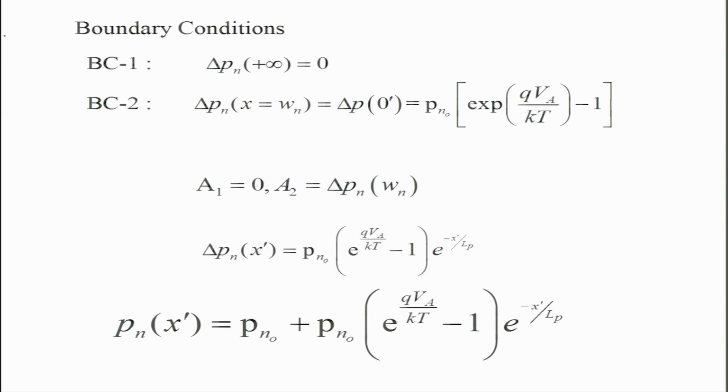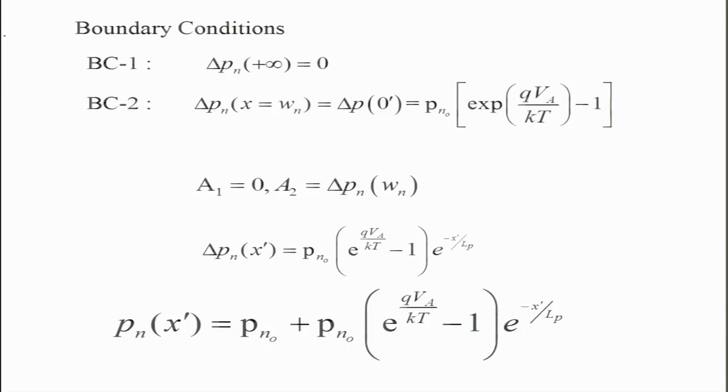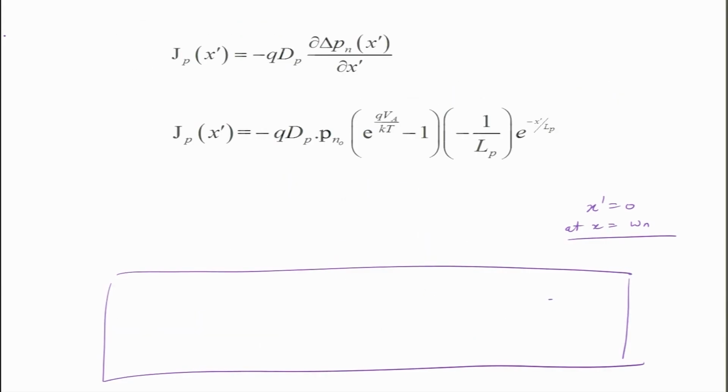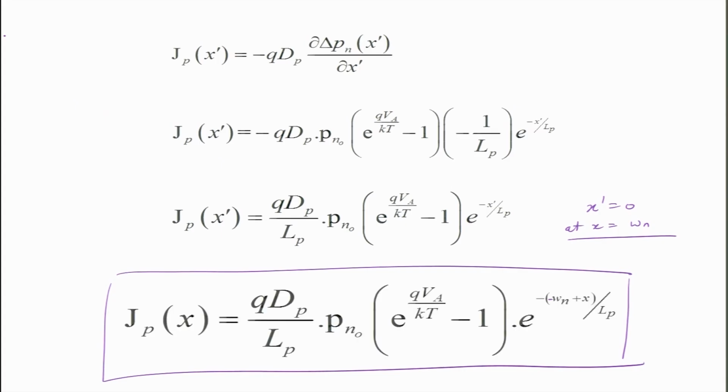From the boundary conditions you can work out the minority carrier concentration at a given position, and then you calculate it at the edge of the depletion region, because there is no point in calculating at any x. You always know that J total is equal to Jn at minus Wp plus Jp at plus Wn. So you just want to simplify that, and you replace x prime with 0. When you do that, this is what you get.